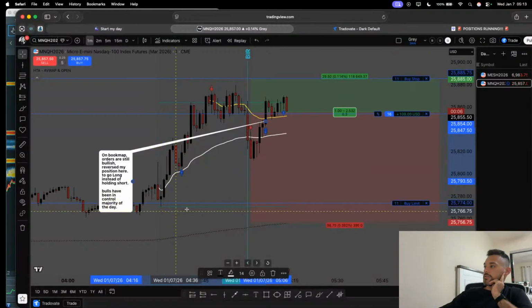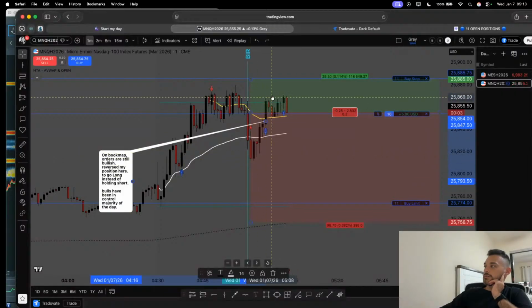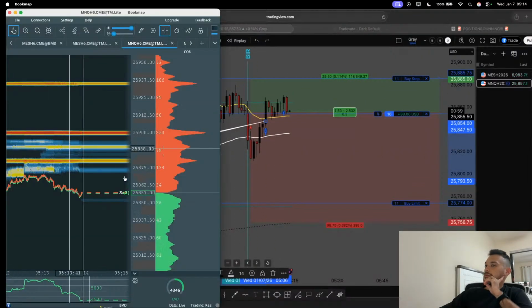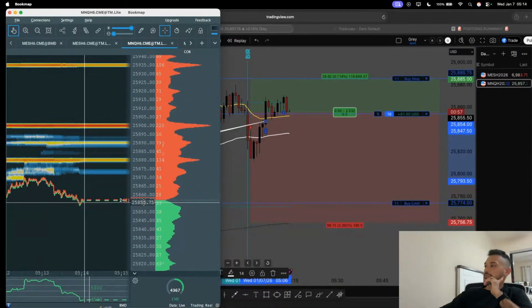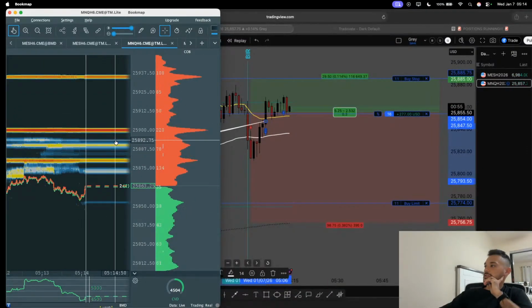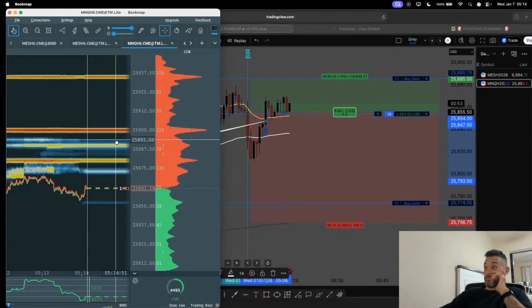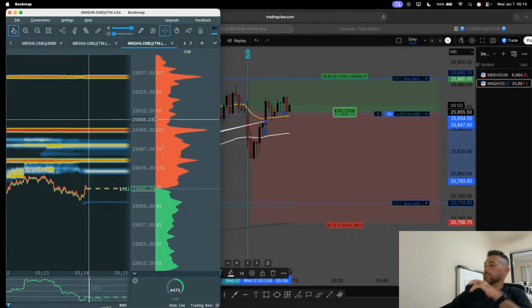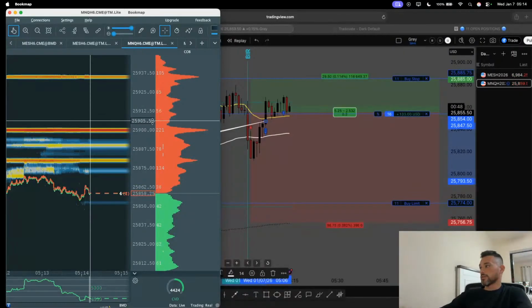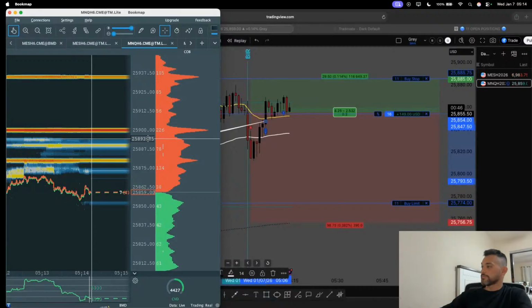I mean, price is creating higher highs, higher lows. Anyway, as I was saying, it's not the end all be all with Bookmap. Just because we have orders here, it doesn't mean that we'll fill, right? It could just be completely taken off within 30 seconds. We could see that happen.